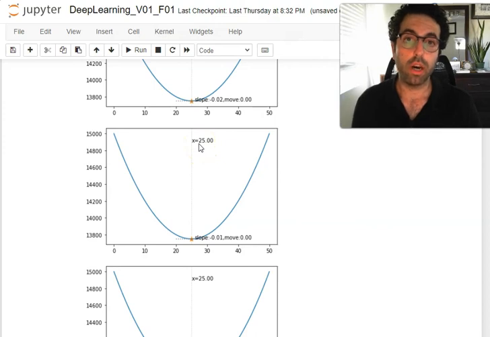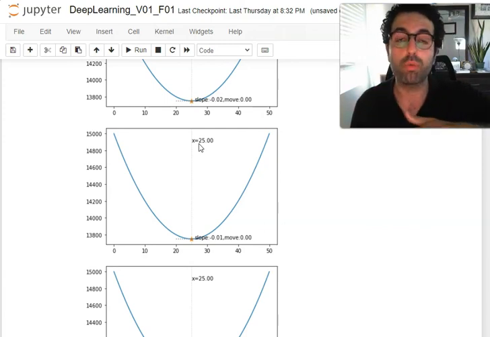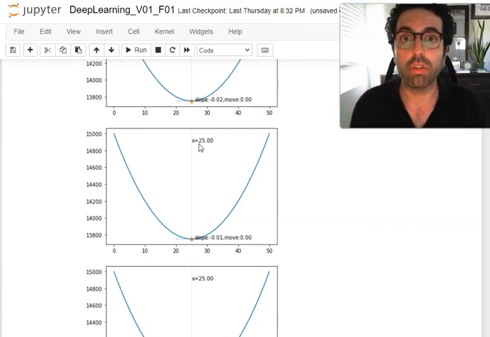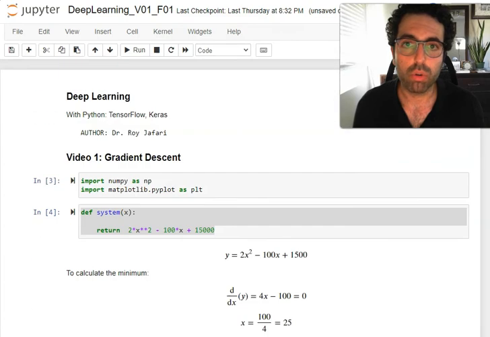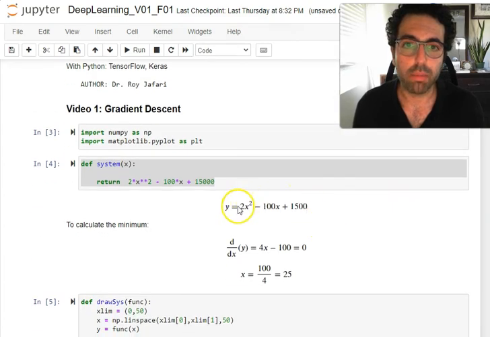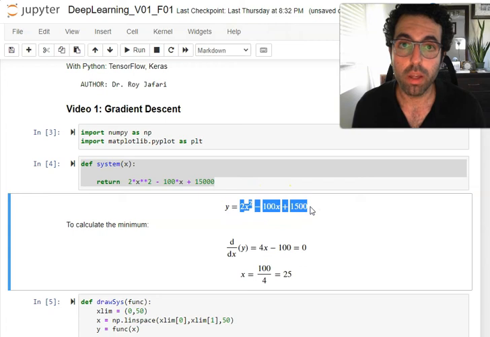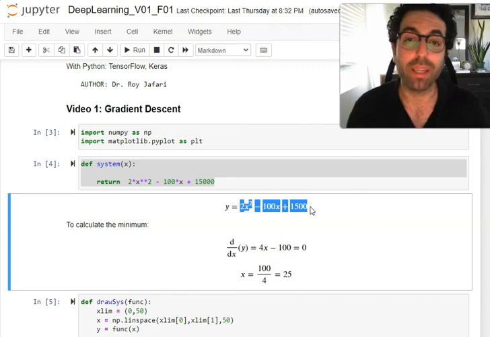If you pay attention to what we have done here, we are seeing this move because we set this up as a way to understand gradient descent. However, if we really didn't know and didn't have access to the function our system is using, with gradient descent we can actually find the X that makes this system minimum.